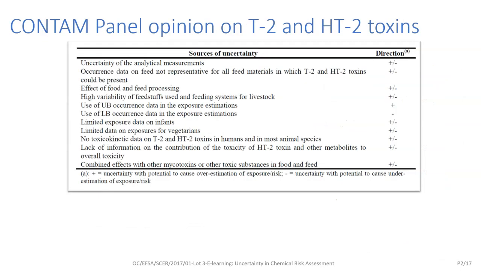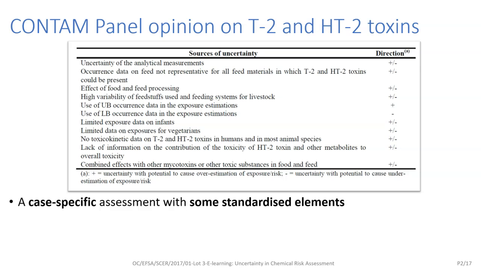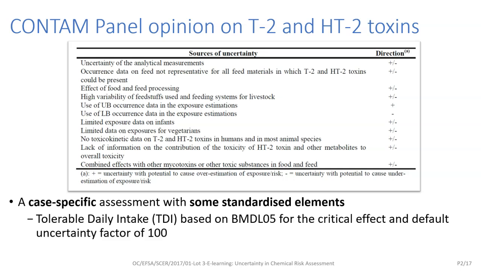I will illustrate the basic approach to assessing overall uncertainty using the Contam panel's assessment of T2 and HT2 toxins, for which we saw a list of uncertainties earlier. This is a case-specific assessment with some standardized elements. For example, the tolerable daily intake, or TDI, is based on a benchmark dose, the BMD-L05, for the critical effect, and the default uncertainty factor of 100.